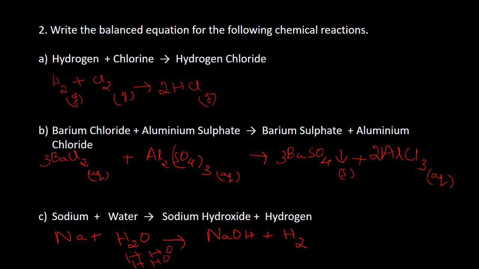So let us take 2 water molecules here, and then OH becomes 2 and Na also becomes 2. And what is the physical state? Sodium is a metal, it is solid, water is a liquid, and NaOH is a solution, and hydrogen is a gas. Now let us go to the next question given in the NCERT textbook.